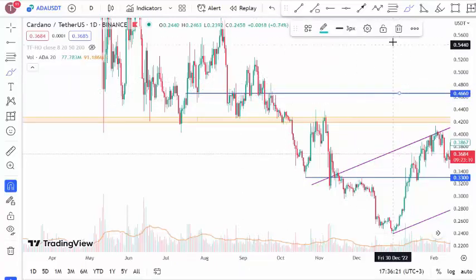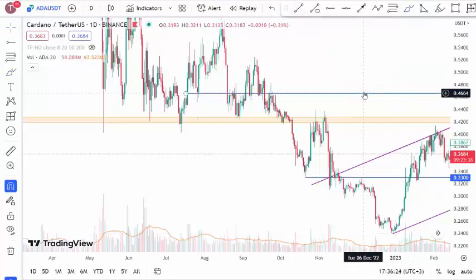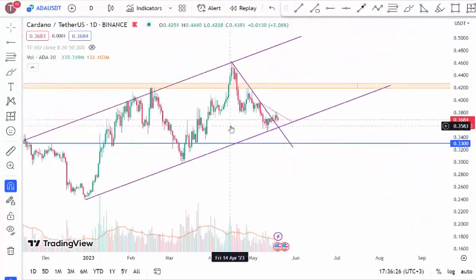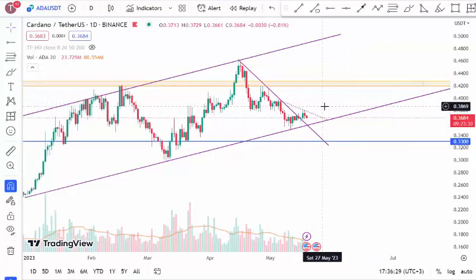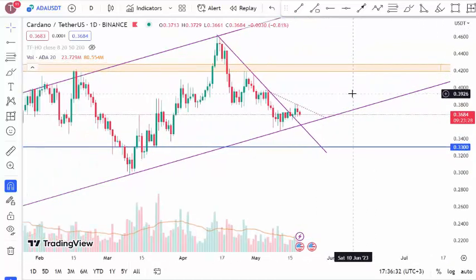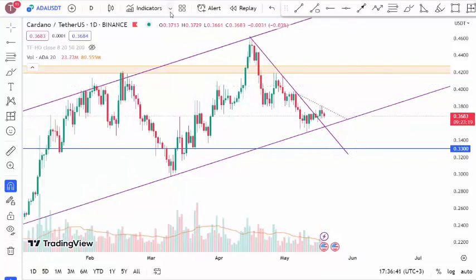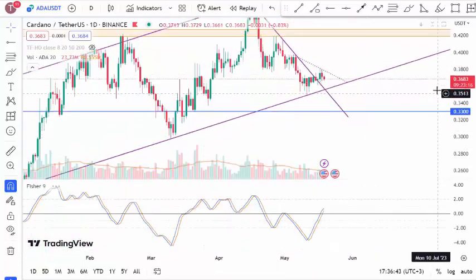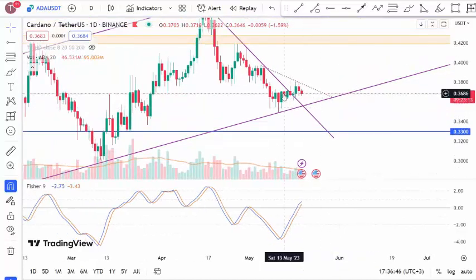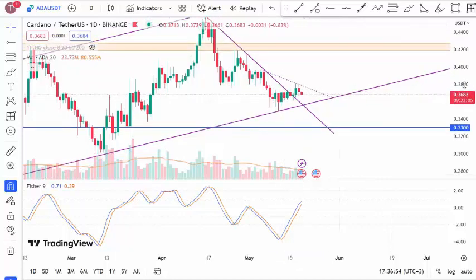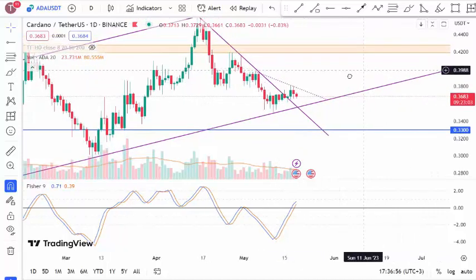Furthermore, if we examine our indicators, we start with the Fisher indicator. Fisher indicated a buy signal around May 12th, but we can't say that we have seen a significant increase in price movements. The reason is that price movements are currently squeezed within this range. We will see more clearly in the 4-hour timeframe charts that price movements are currently moving within a triangle. Therefore, initially, the price will likely drop to this level.